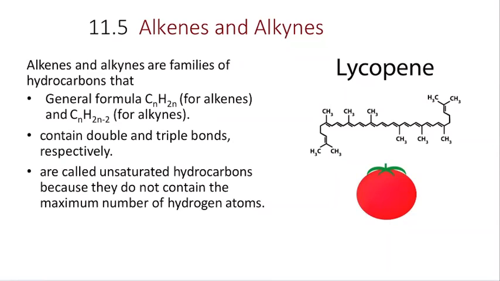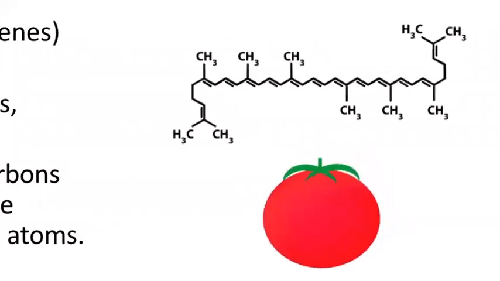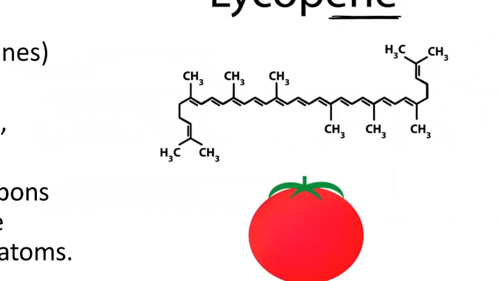It has been suggested that lycopene helps the body deal with molecules that create oxidation, and it has also been linked with health in terms of helping tissues to be healthier. So as you can see, the name of this molecule is lycopene. We see that in the name, it ends in "ene." When we look at the structure of it, what we see is a series of carbon-carbon double bonds.